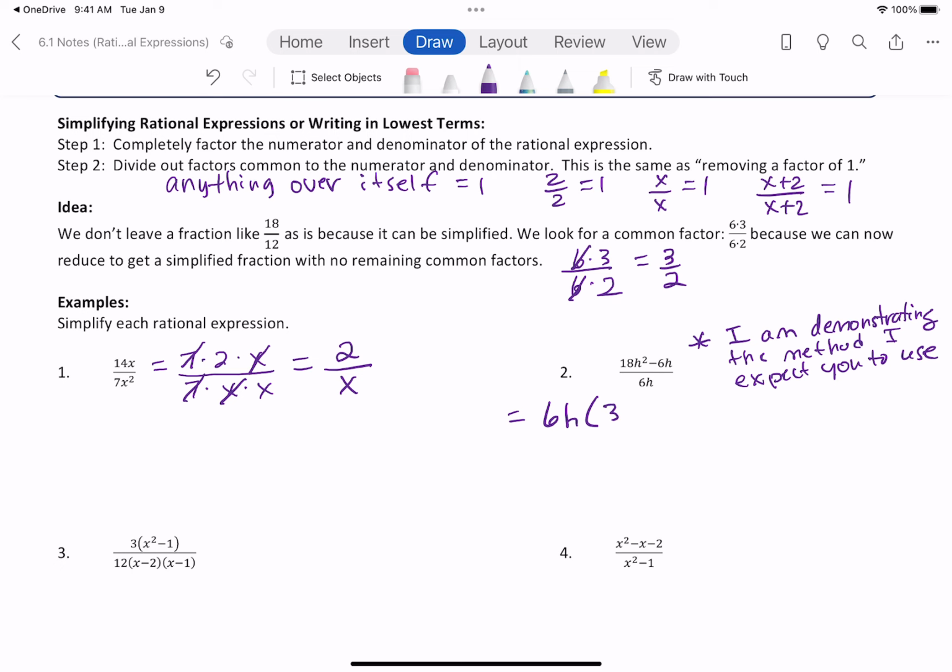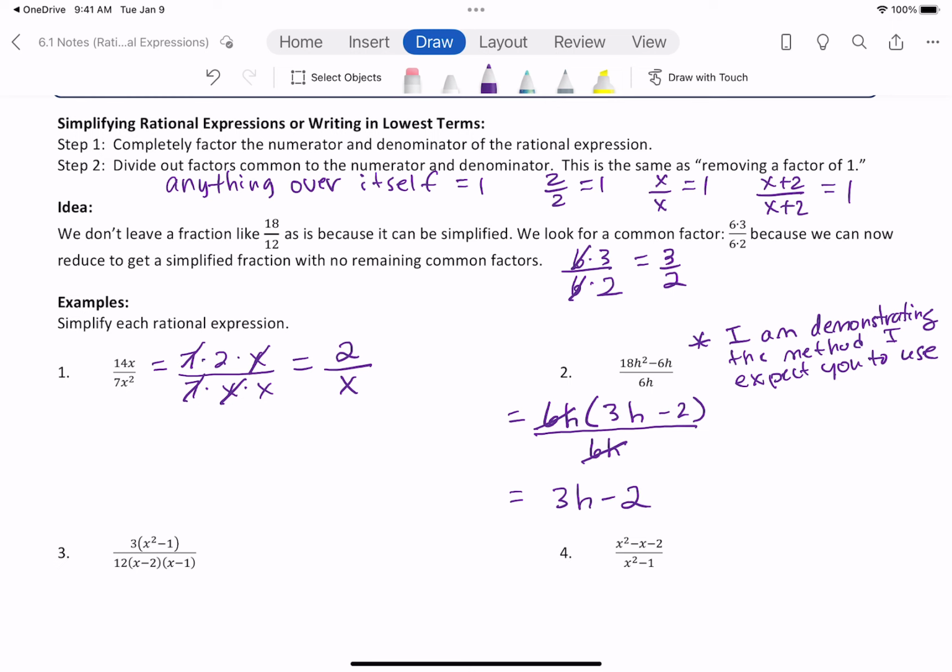That will leave me with 3h minus 2. And the bottom, we still have the 6h. So now you can see that we have a common factor of 6h in the numerator and denominator. So we can cancel those out. And that's going to leave me with the 3h minus 2.